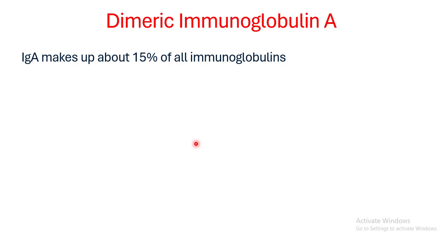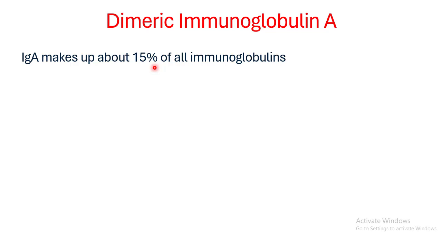What I mean by that is that in contrast to the immunoglobulin G, which is usually present in the monomeric form, you can actually see the dimeric form of the immunoglobulin A as well. Immunoglobulin A makes up about 15% of all immunoglobulins in the human body, so it is the second most abundant immunoglobulin.